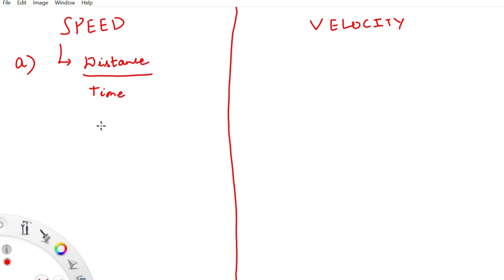So, if you see a fast bowler bowling at 140 kilometers per hour, and if you see a spinner bowling at 75 or 80 kilometers per hour, you say that the fast bowler is fast because when he or she throws the ball, it covers the same distance of 22 yards in a lesser amount of time, and that's how you say that that particular bowler was fast.